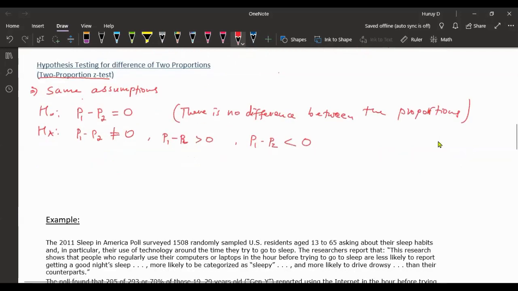And when the assumptions are met, and H sub naught is true, then we have the sampling distribution.